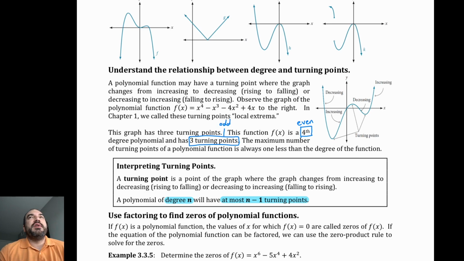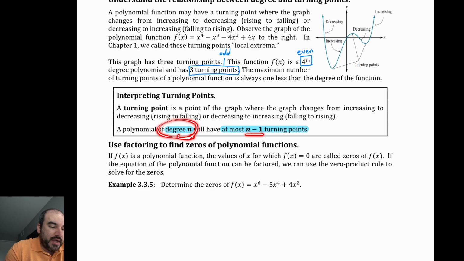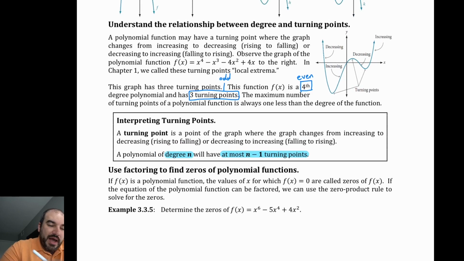Right, because if the degree is even, then n is even, and then n-1, one less than that would be an odd number, right? So having an odd number of turning points means something about how the graph begins and how it ends on the left and right side.